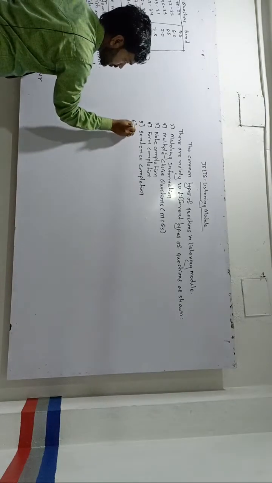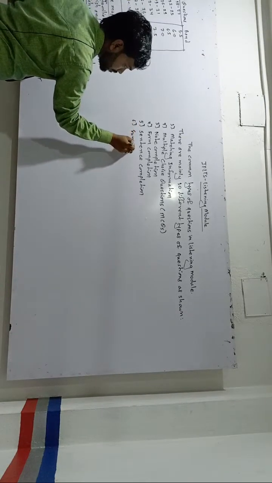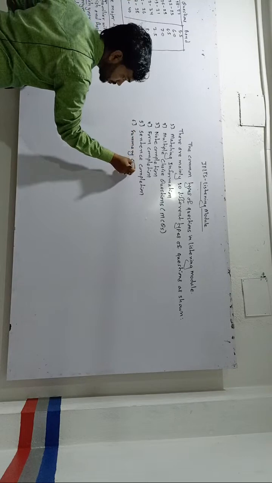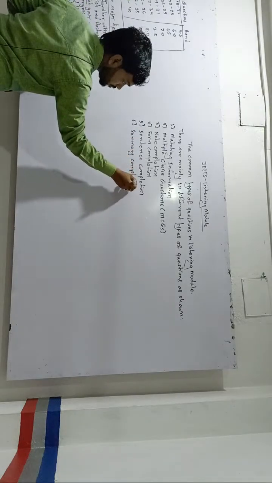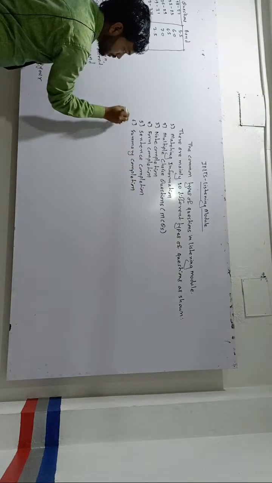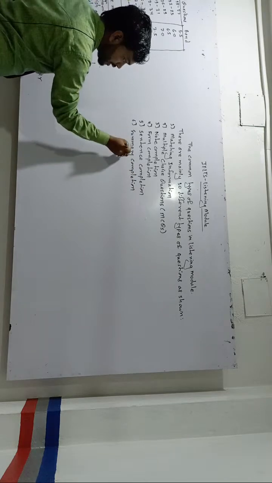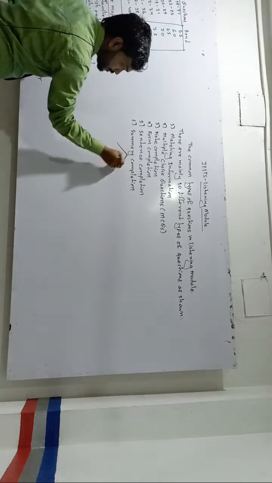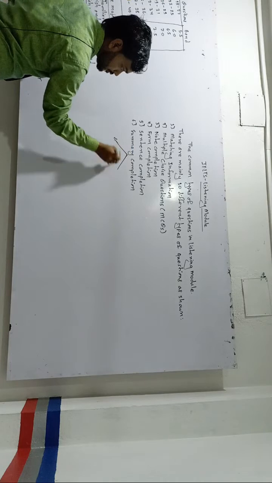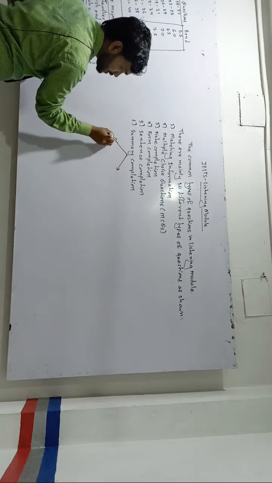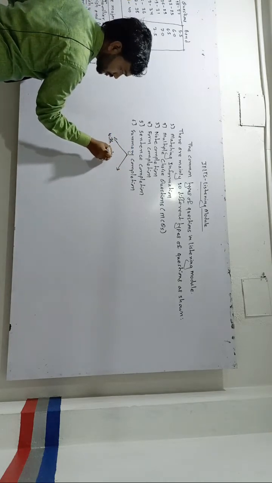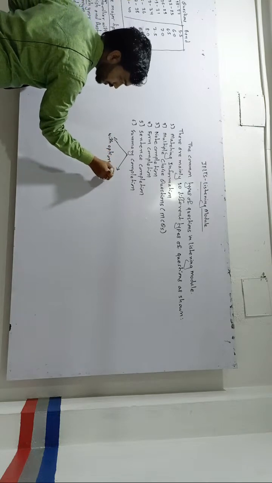Sixth number, summary completion. Summary completion can be found in two types: one with option, next without option.